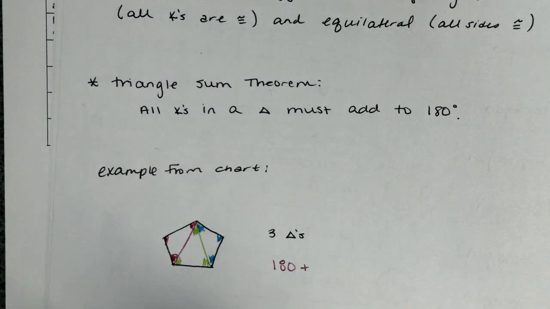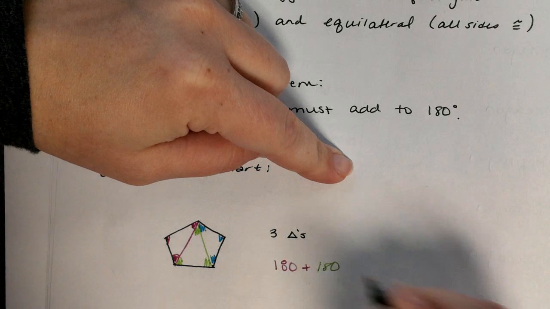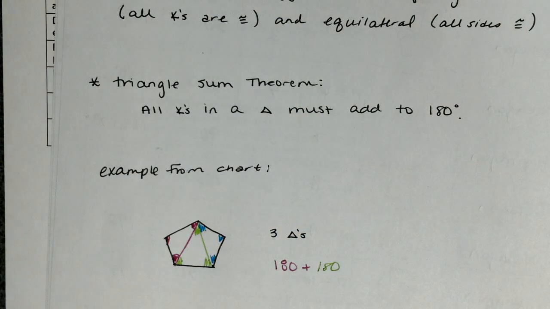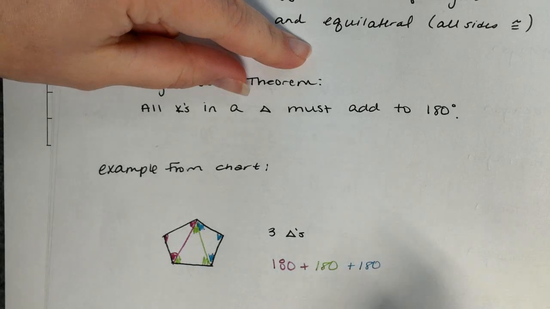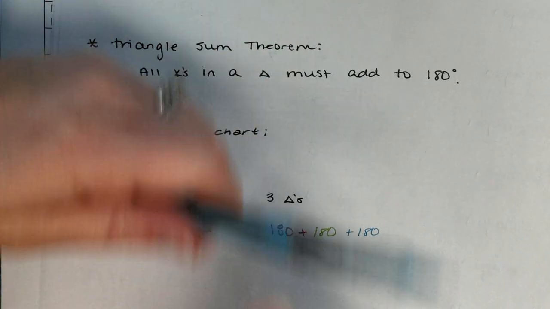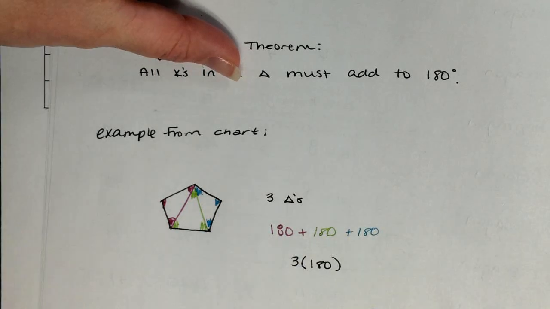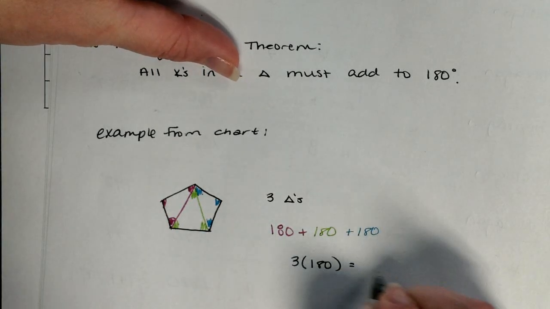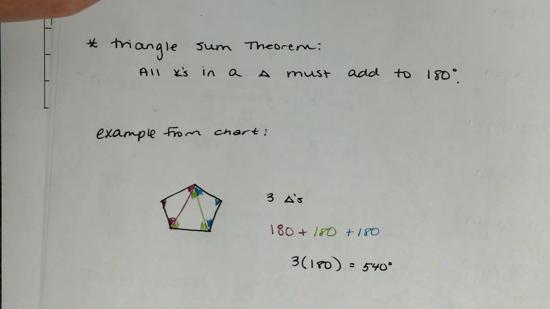The green angles all add up to 180. And I can see that those blue angles all add to 180. So what I have here is 3 times 180, which gets me 540 degrees for the sum of all those interior angles of the polygon.